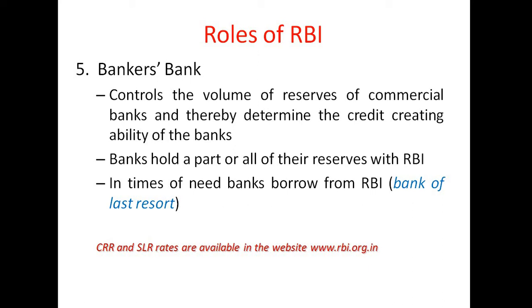So when banks hold a part of the reserves with RBI, it is their CRR, and when it invests a part of its cash in liquid assets, of course that is also defined by RBI, what is an asset in which the bank should invest, then that part is referred to as a statutory liquidity ratio. So the higher these ratios, the lower is the amount of cash available with the bank for disbursement as credit.